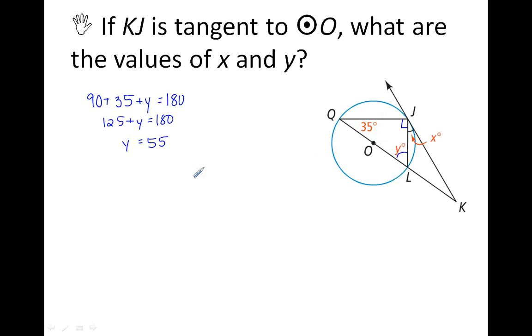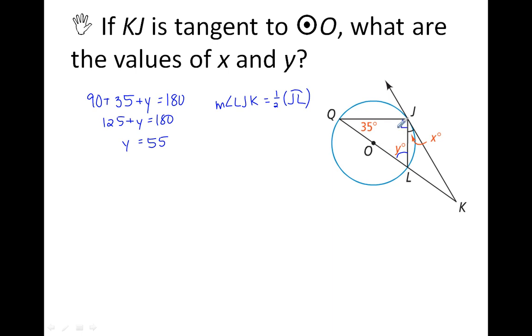Now to find X, I know that the measure of angle LJK, all right, that's the angle that I'm looking for, is going to be 1/2 of the intercepted arc, which in this case is arc JL.